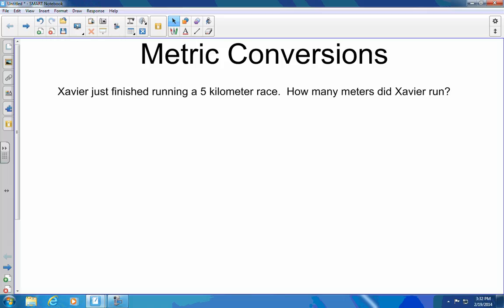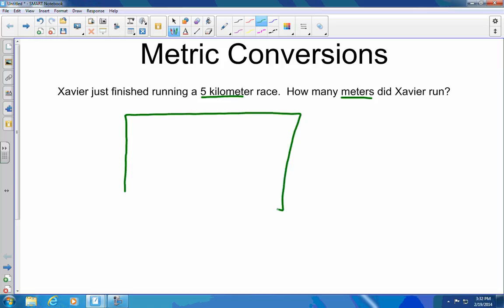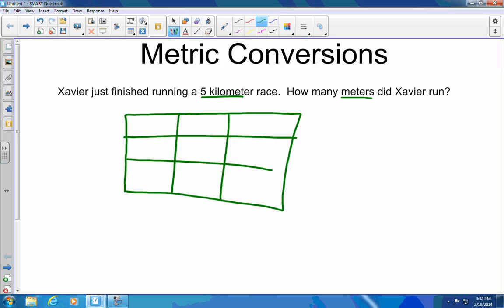So here we go. He is running a 5K race, 5 kilometer race, and we want that in meters. So we've got it in kilometers. I want to change it to meters. So if I set up my chart just like this, it will help me decide what I need to do.